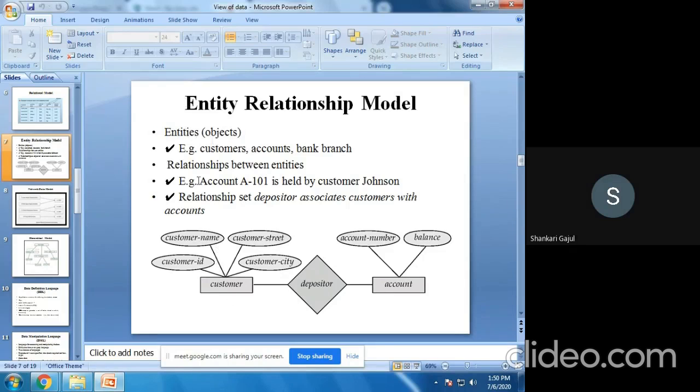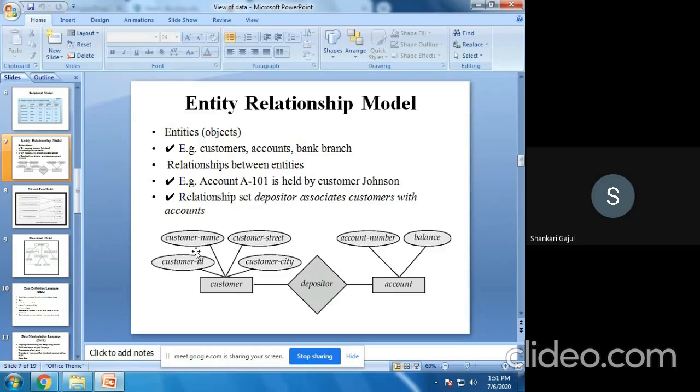For example, the customer and the account are entities, these are objects. A relationship is between two or more objects, so we have the data and the relationship between the objects. This model is the entity relationship model.